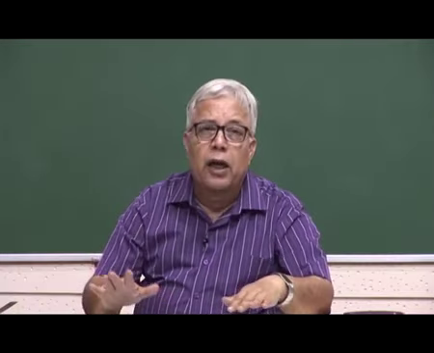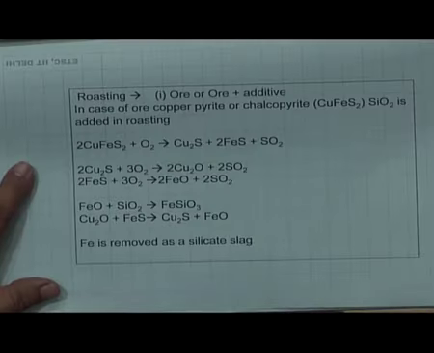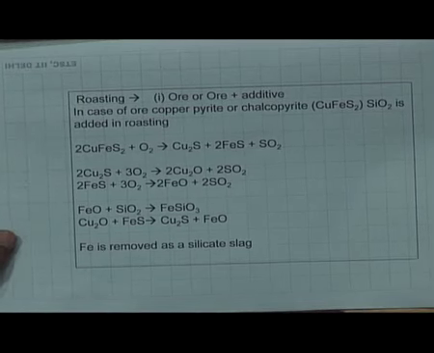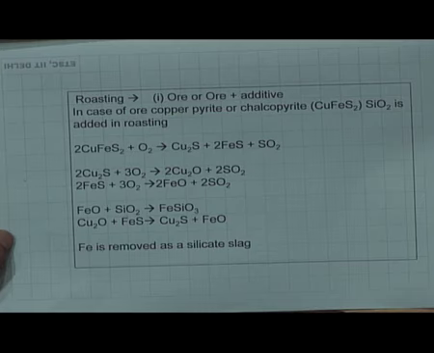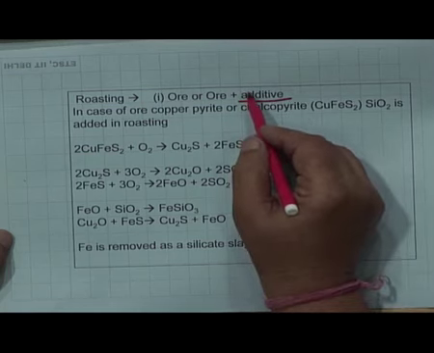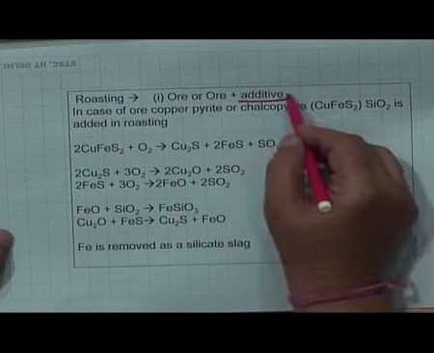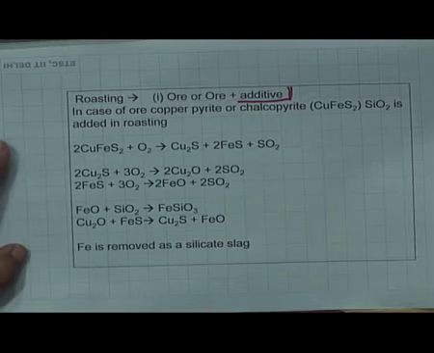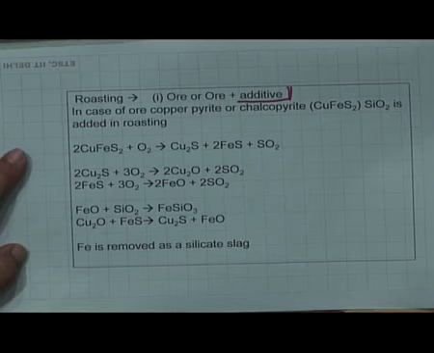So, roasting is done in two ways. Sometimes you can take just the ore and convert it into oxide by roasting. Sometimes you have to add an additive. You will learn what this additive is, but you have to add an additive when the ore is just heated to convert sulphide into oxide. Now, let us take the example where an additive is required.